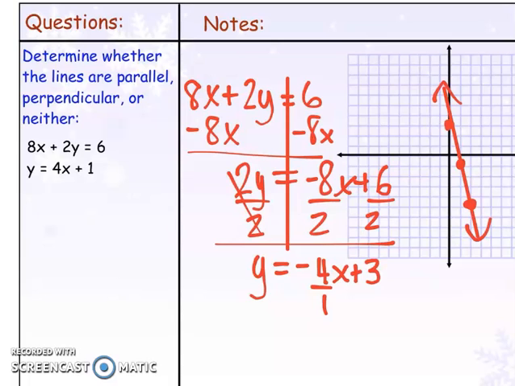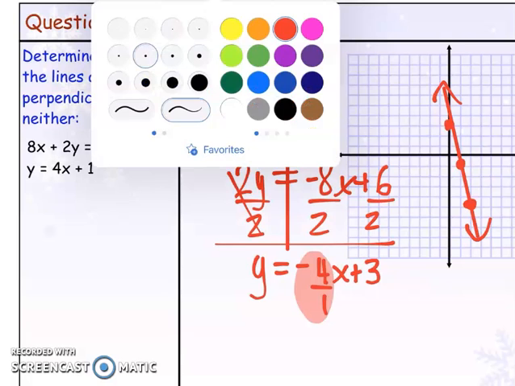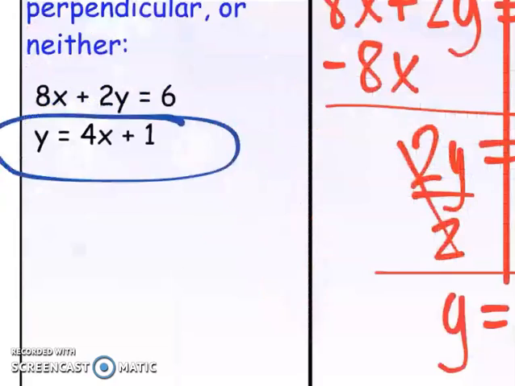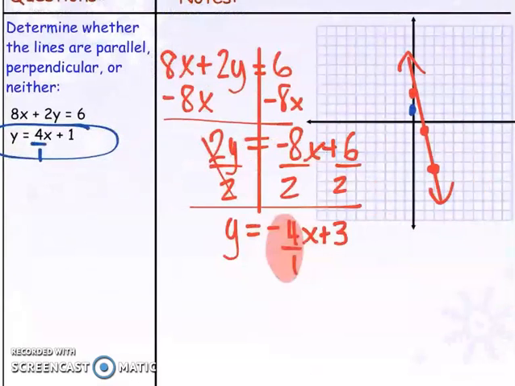Okay, so here's this slope. Then my other line, I'm going to switch my color. Y equals 4x plus 1. So I start at 1, and I'm going to go up 4 over 1. So here's my line.